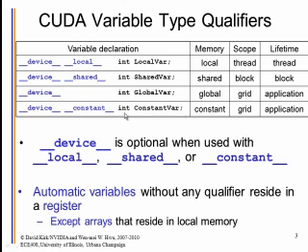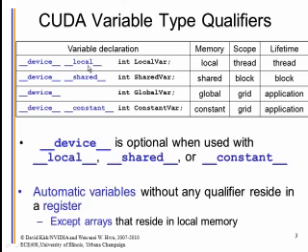You specify it using the __constant__ keyword, with a double underscore at each end, and then there is constant memory. The scope is the grid and the lifetime is the application. The __device__ qualifier is optional when used with local, shared, or constant.